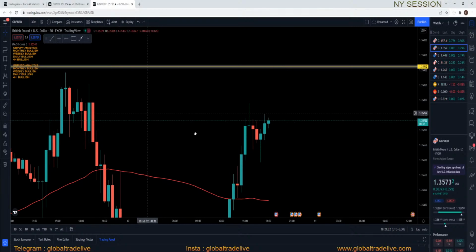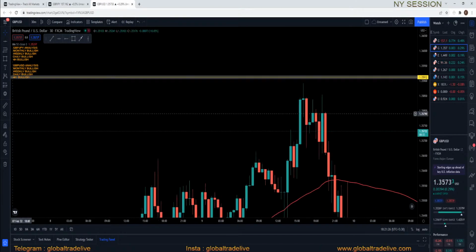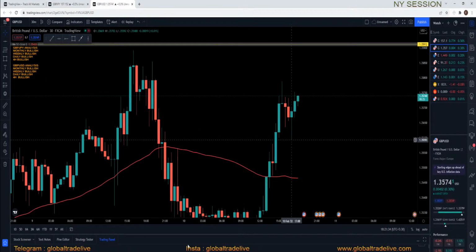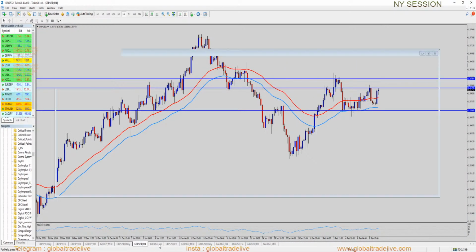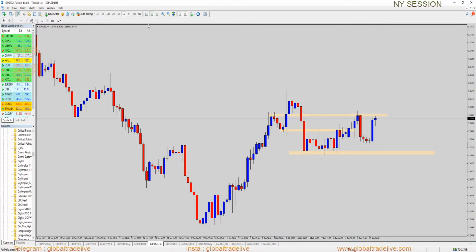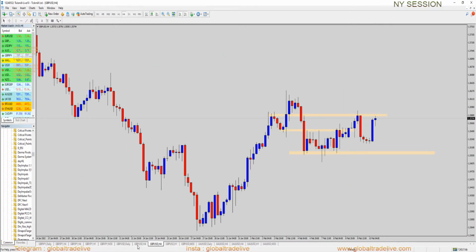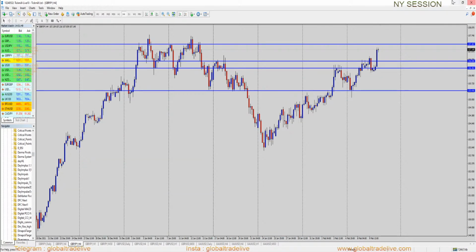So yeah, we don't have this clean range, so I think waiting for a candle to break and close above this area will be a good option. But I think in GBPJPY we are gonna have a good trade.